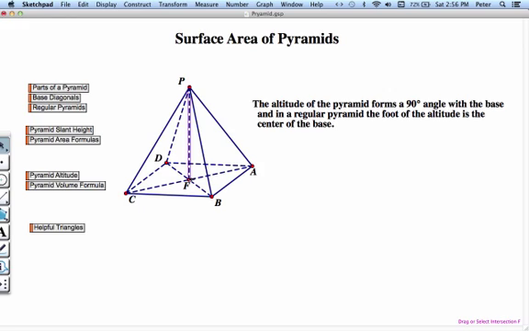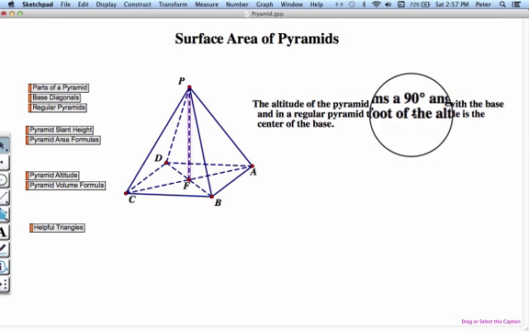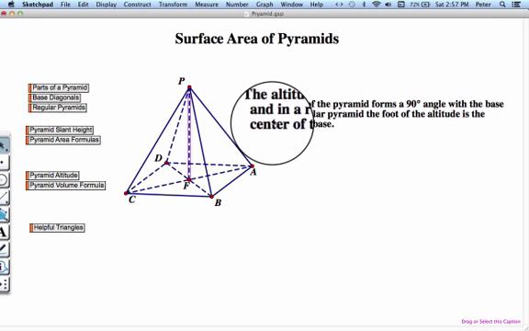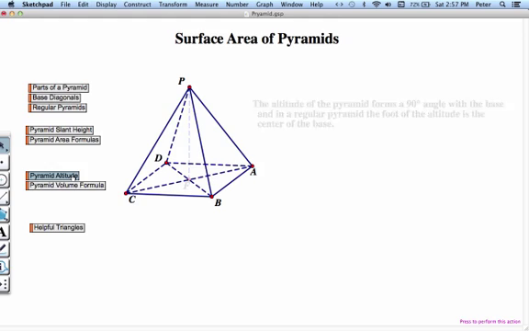For a regular pyramid, this is where the base diagonals meet, and the foot of the altitude is the center of the base if the pyramid is regular. We're going to come back and use altitude for volume. What you want to use for area is the slant height.